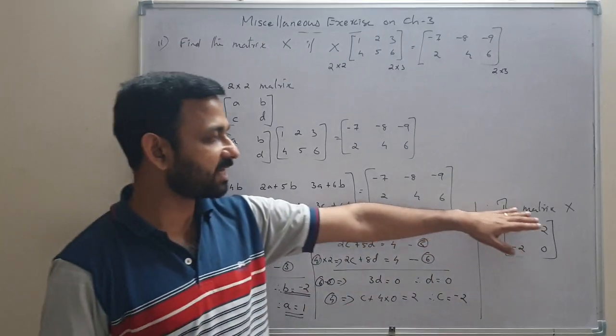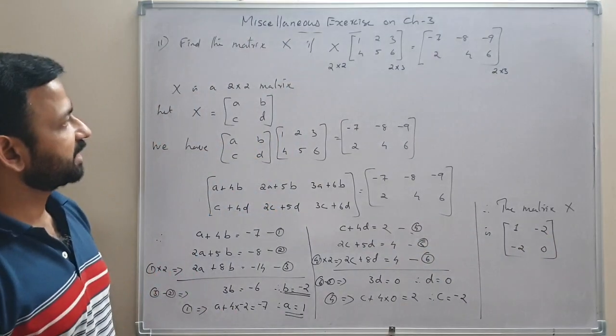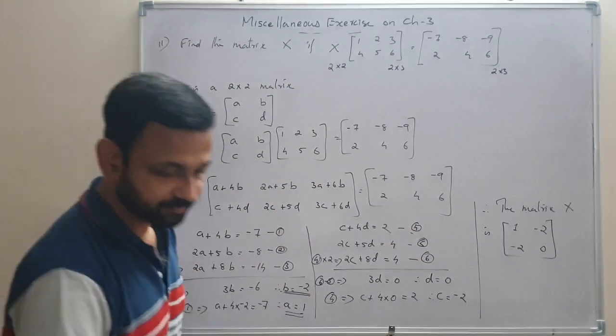So now we got the matrix X: 1, minus 2, minus 2, 0. So that is matrix X.